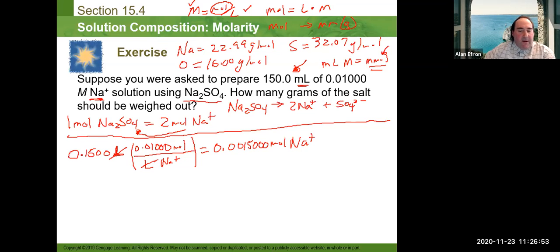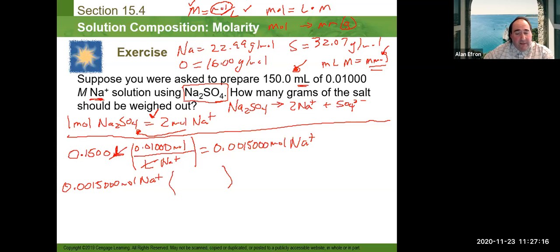Remember that although we have the moles of sodium ions, we're ultimately looking for how much to weigh out of sodium sulfate. So we now need to go from sodium ions to the entire thing of sodium sulfate, and that's where we're going to use our relationship. We start with 0.0015 moles of sodium ions.